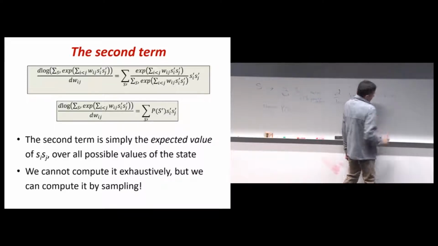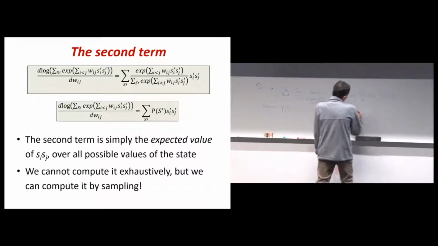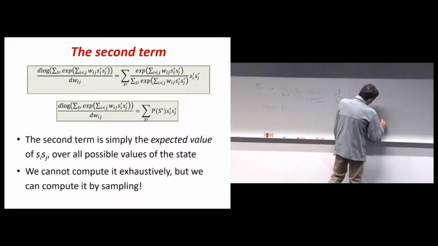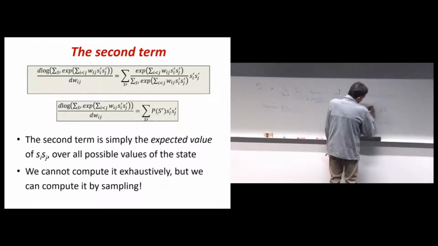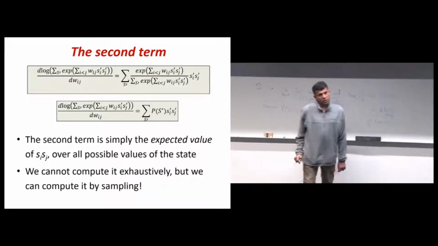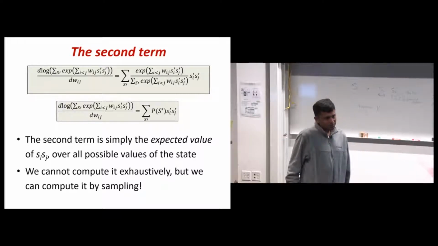This is the term that I have. And this is going to be 1 over the summation over S prime of exp of minus the energy of S prime, times the derivative of negative energy of S prime with respect to wij. This is just a standard derivative rule for the logarithm.